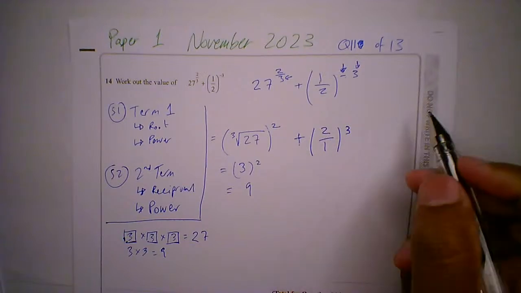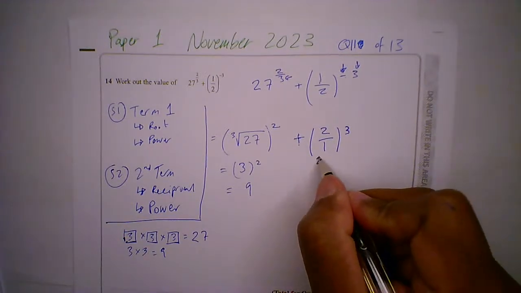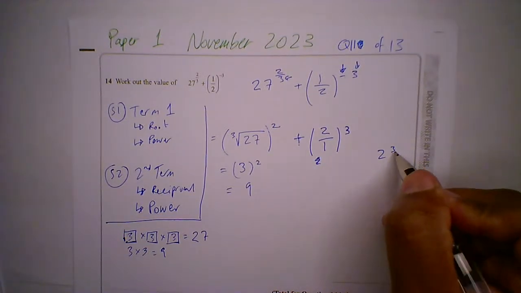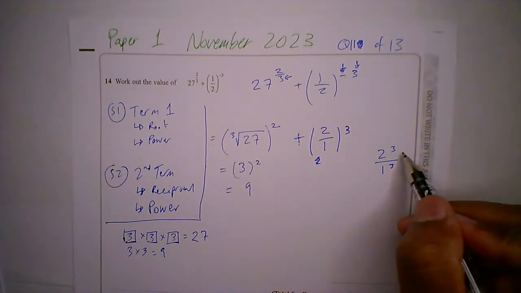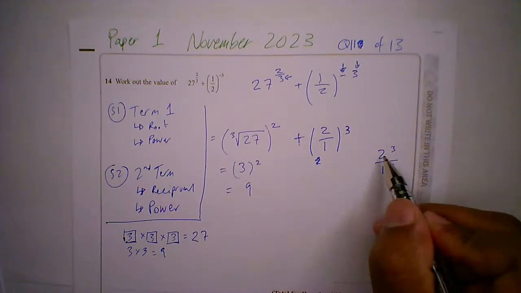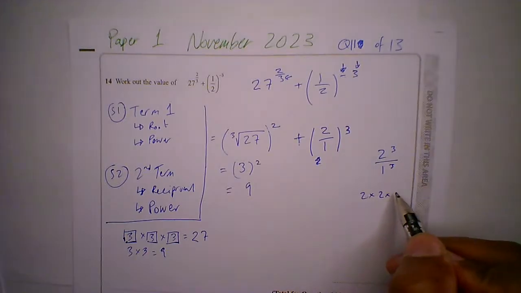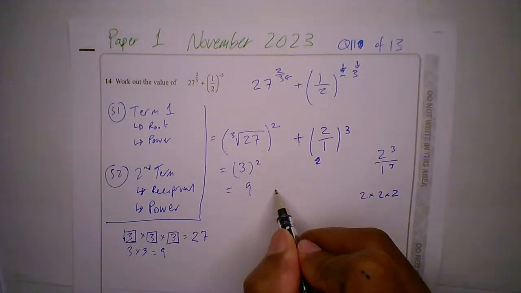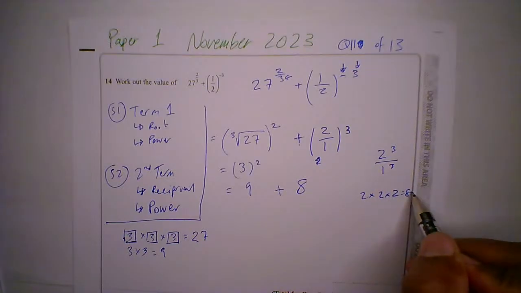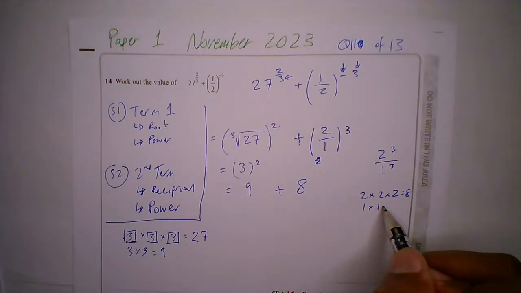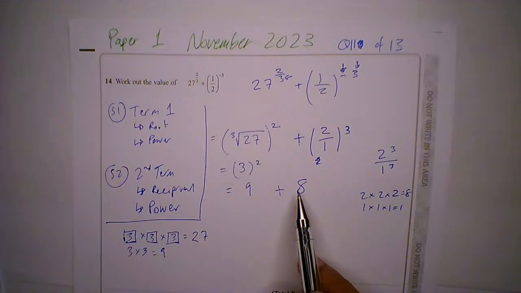So now this is saying 2 to the power 3 over 1 to the power 3. Okay. And so that's 2 times 2 times 2 is 8. So this is 8. And then 1 times 1 times 1 is also 1. So it's just divided by 1. So 8 divided by 1 is just 8.